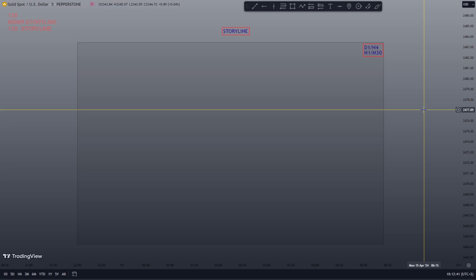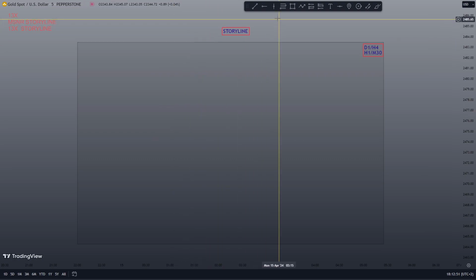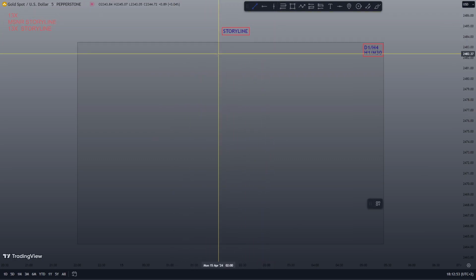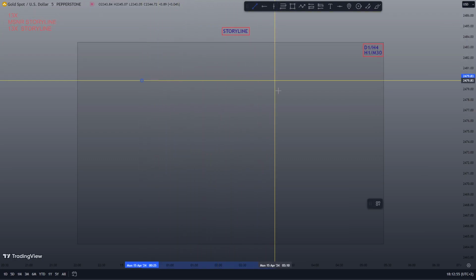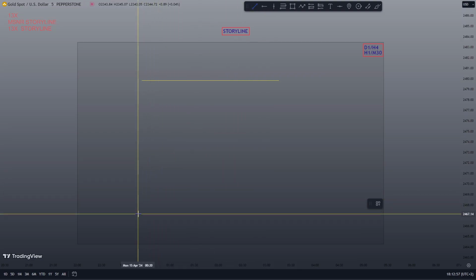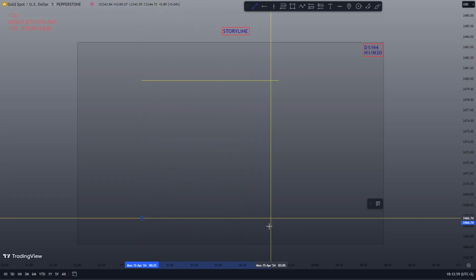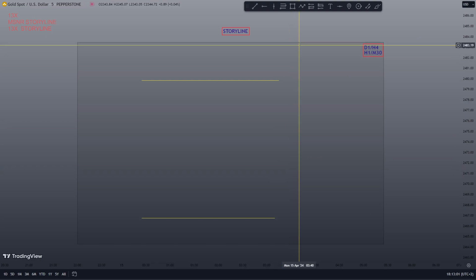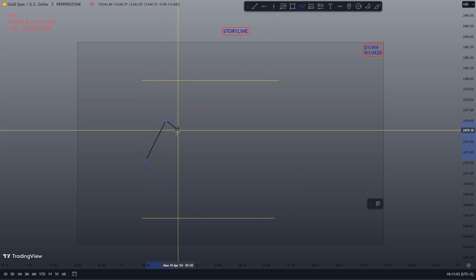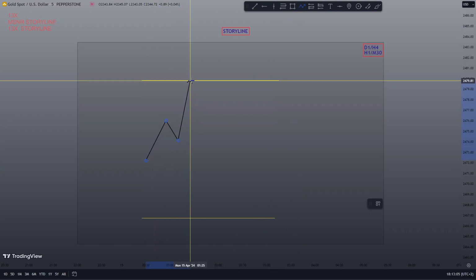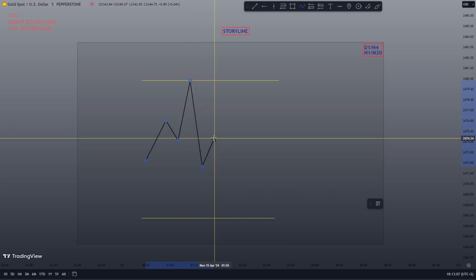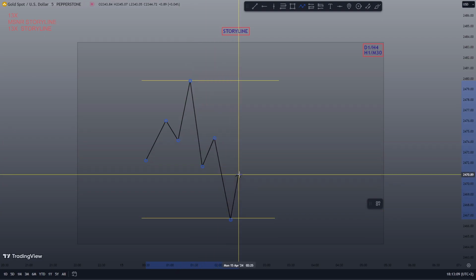Before going to that, know that price moves from a daily fresh level to another daily fresh level.